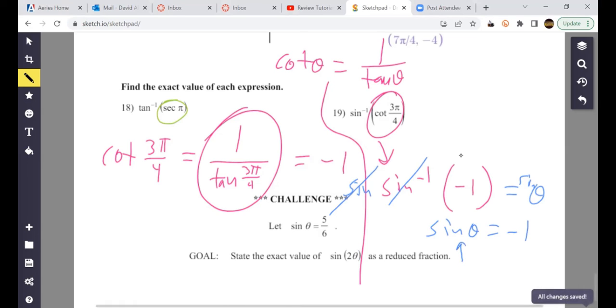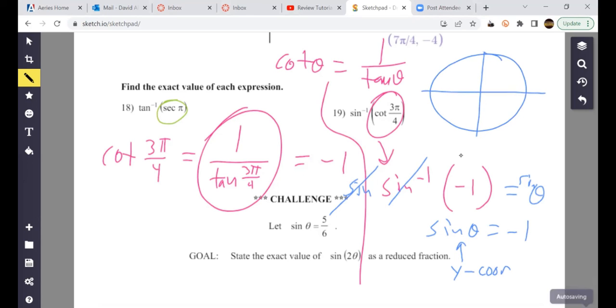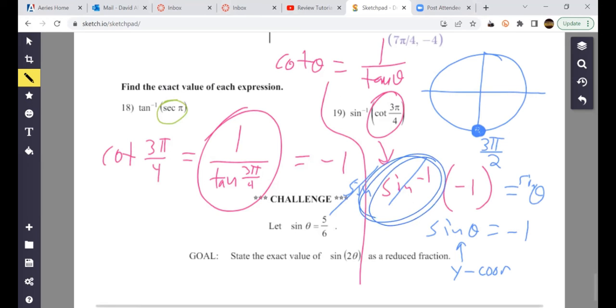And what we want is for sine, or the y coordinate. Think of the unit circle. Where on the unit circle do you have a y coordinate of -1? I believe that only happens down there. And I know the unit circle calls this 3 pi over 2. But nuh-uh. We were dealing with sine inverse.